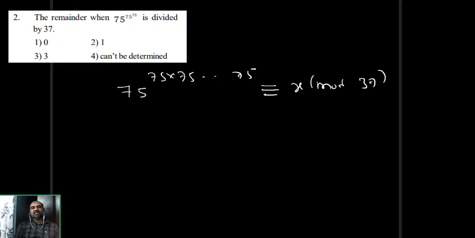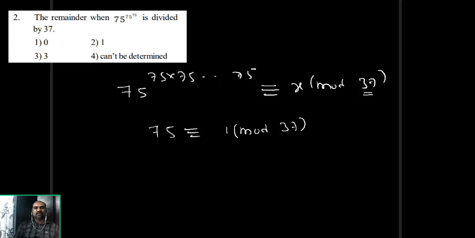Okay, students. Now I can use Euler's theorem, or generally you can find, because 37 twos are 74 only, no? So directly, I can say 75 is congruent to 1 modulo 37 without using Euler's or Fermat's little theorem.